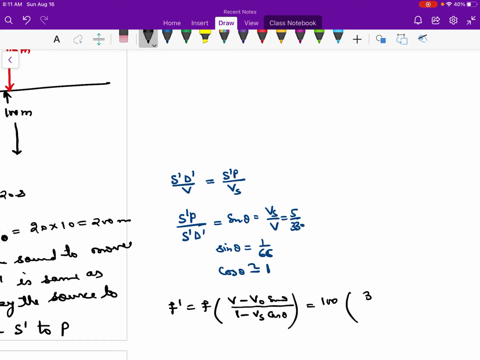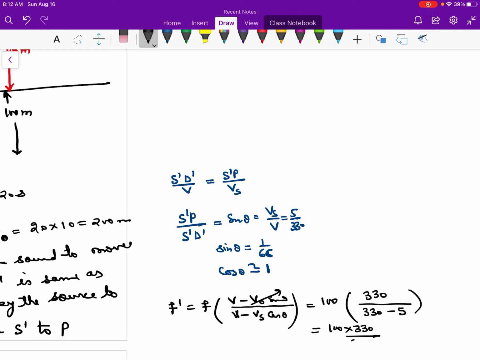So this is 100, V is 330, okay, and Vo sine theta will be very small as compared to V, so let's ignore that. And V is 330 minus Vs cos theta. Vs cos theta is just Vs, which is 5.